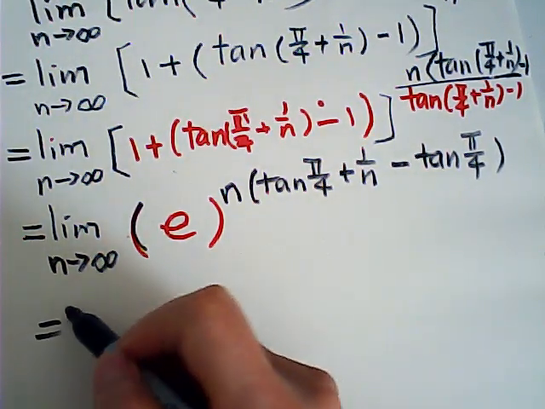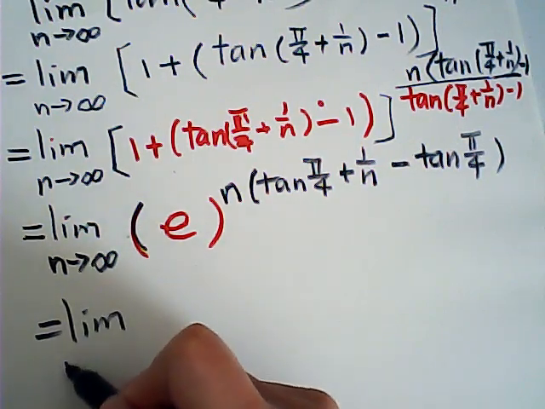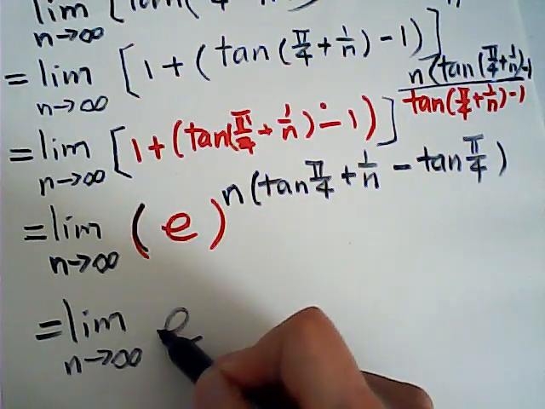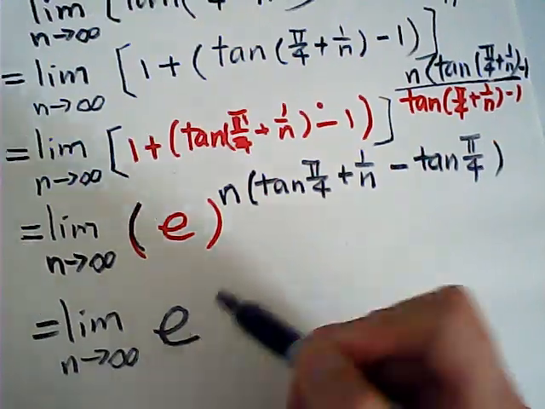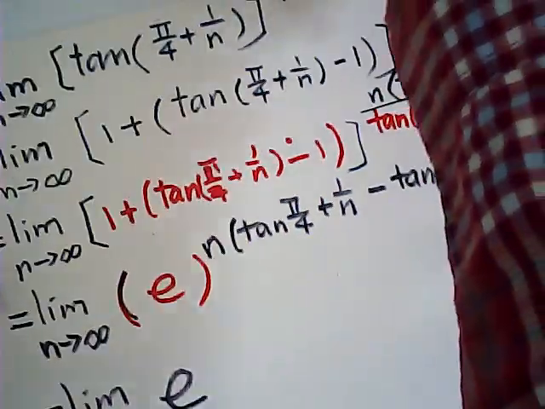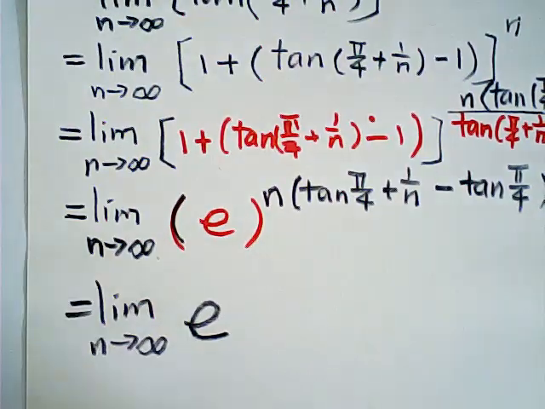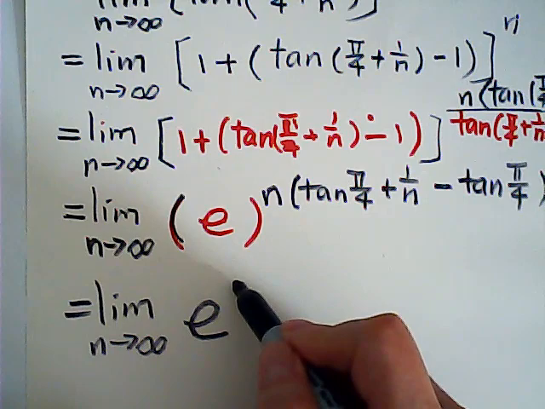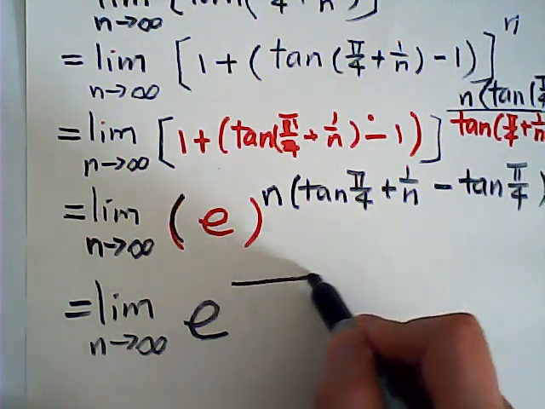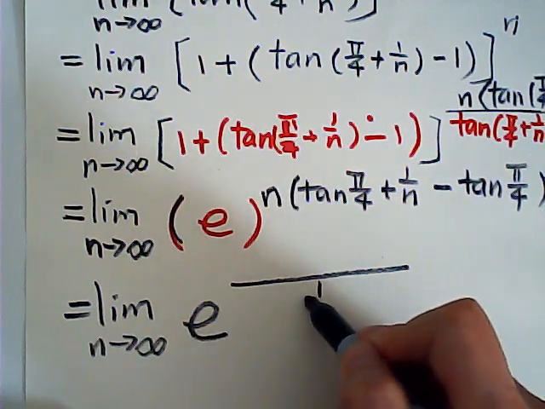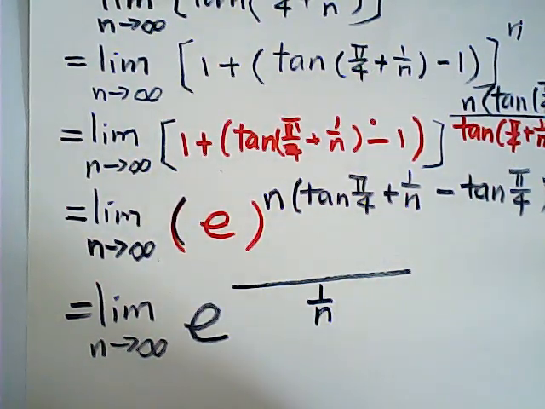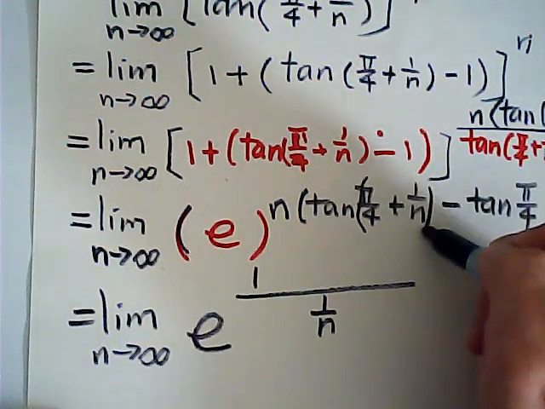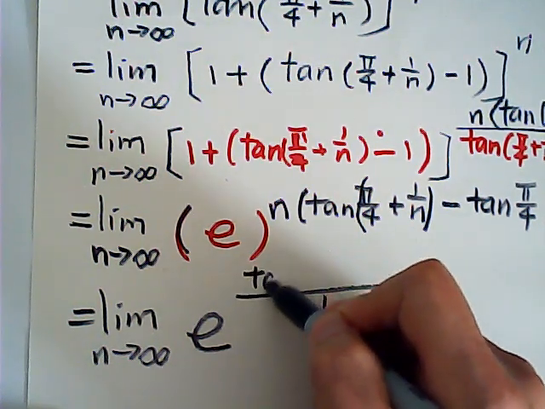Then this one is equal to the limit as n goes to infinity of e. The pens are really bad. Now, this is equal to, this n is 1 over n. Okay, this is the tangent, not arctangent.